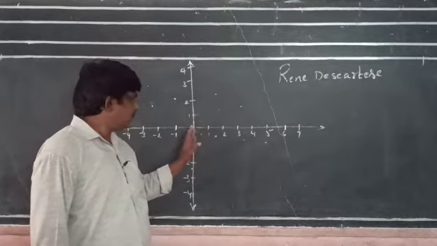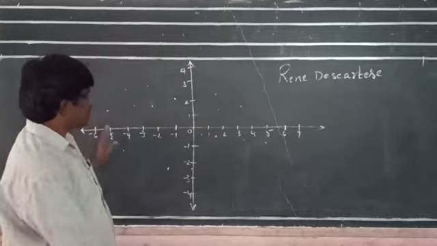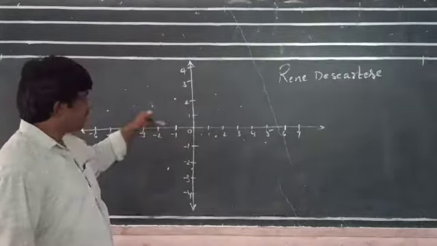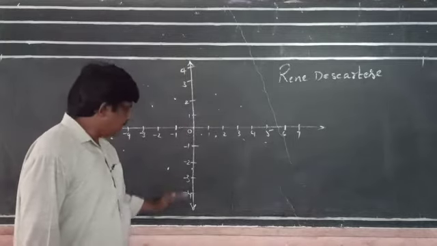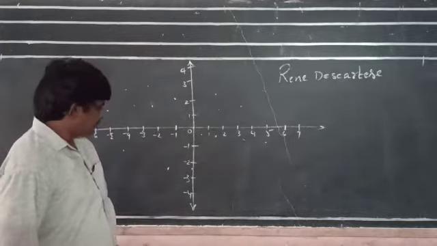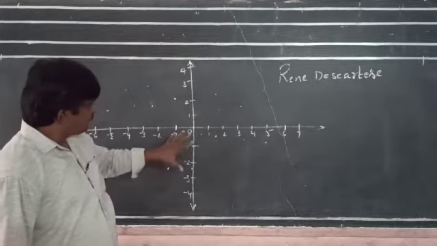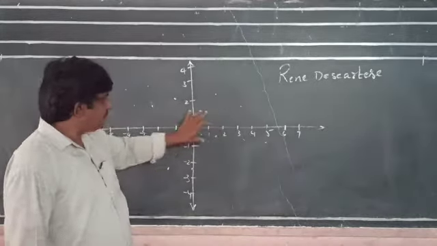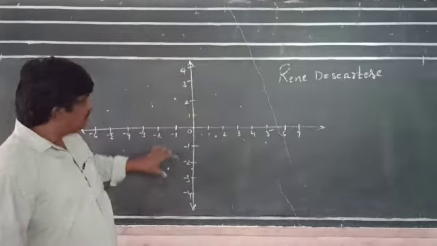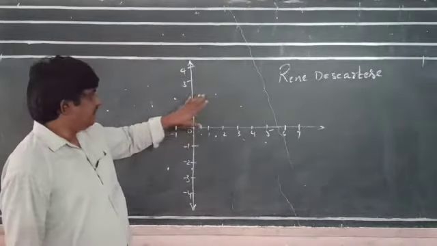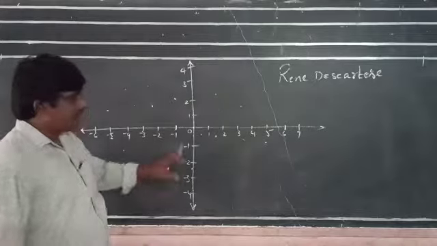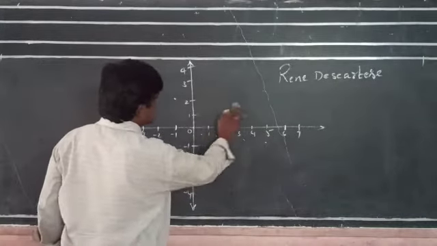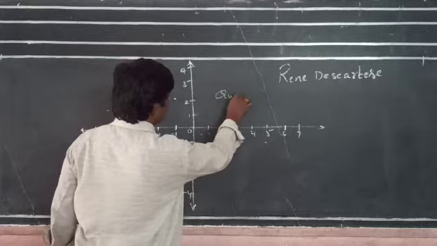From that he took numbers. The right side has positive numbers, the left side has negative numbers, the top one is positive, and the bottom one is negative. Whenever he drew two mutually perpendicular number lines, he divided the plane into 4 equal parts. Those 4 equal parts he considered as quadrants.